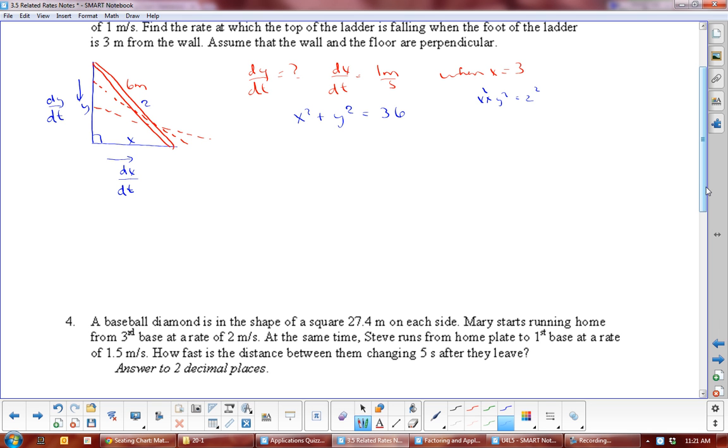So 6 squared is 36. Okay? So let's just kind of get in that. Let's do the derivative right now. So what's the derivative of x squared? 2x dx over dt plus 2y dy over dt equals 0.